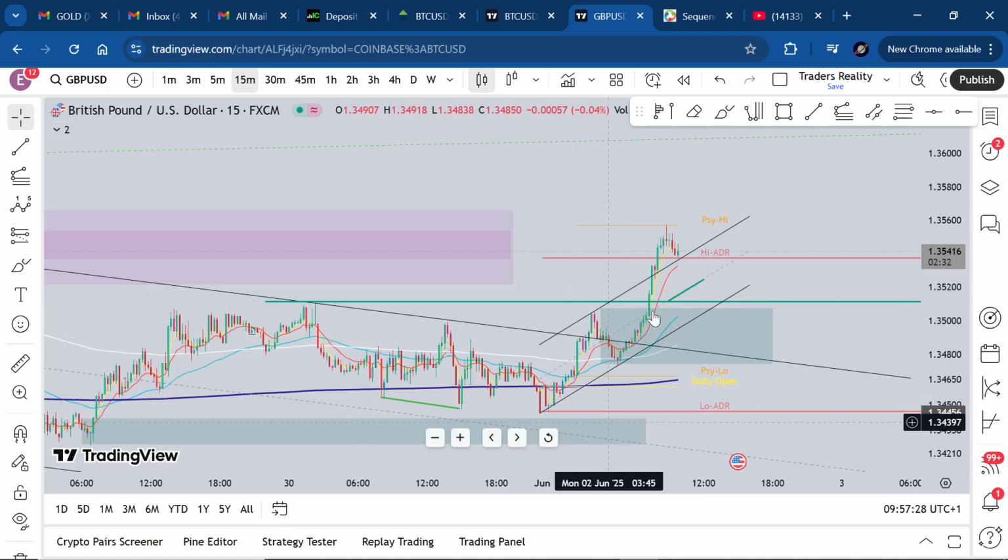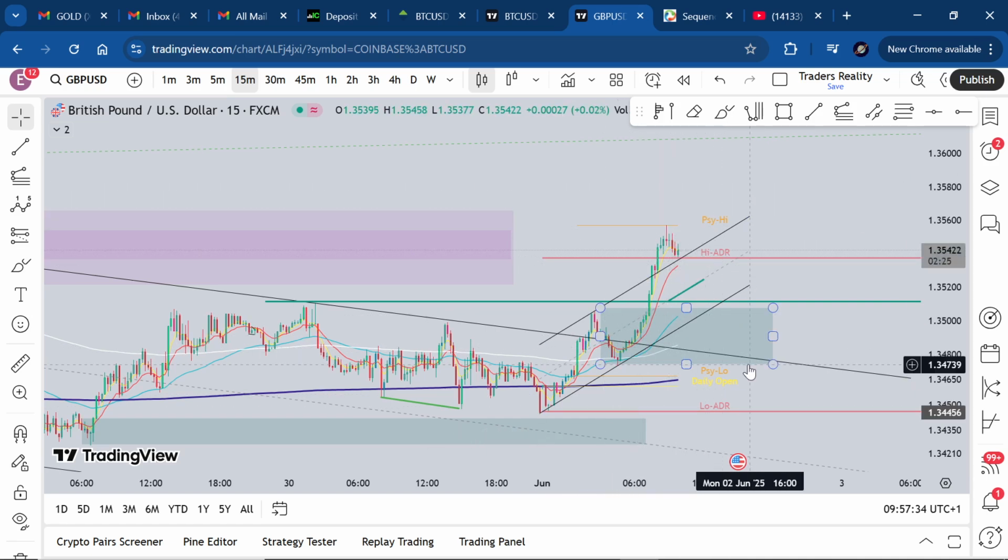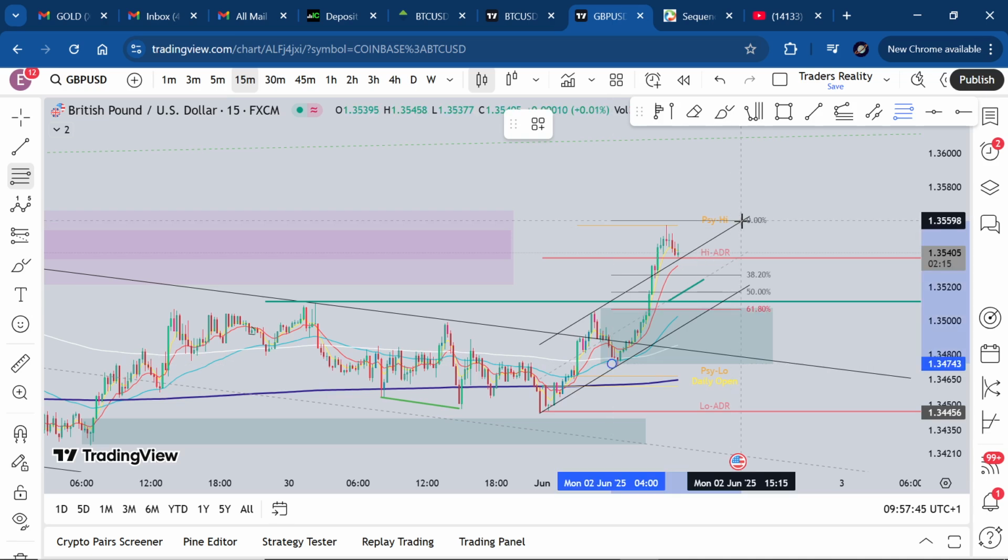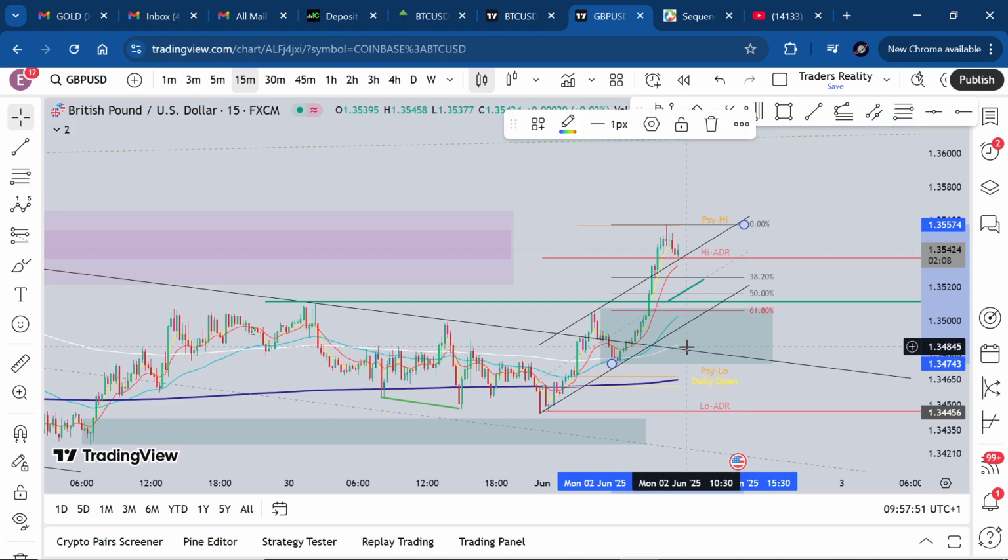Now, if this is 1, 2, 3, I have a feeling we probably got a 1, 2, 3, 4. We may swipe the high again before coming lower, or we could just come lower. But if that was to be the top of our 3 right now, we put the fib on, and what we're looking for is a potential move downwards, but we do not want to see that 618 hit.